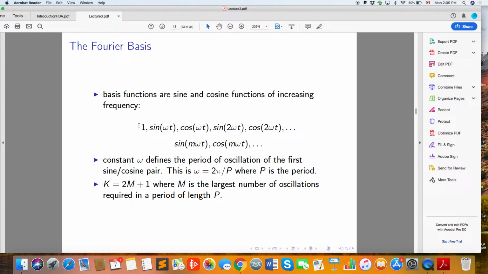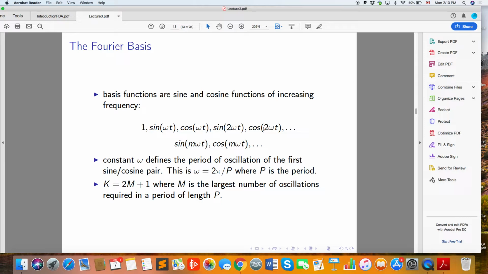The first Fourier basis function is a constant, phi of t equals 1. The second basis function is sine omega t, and the third is cosine omega t. The sine and cosine functions appear in pairs, so we have sine omega t, cosine omega t, and then sine 2 omega t and cosine 2 omega t.